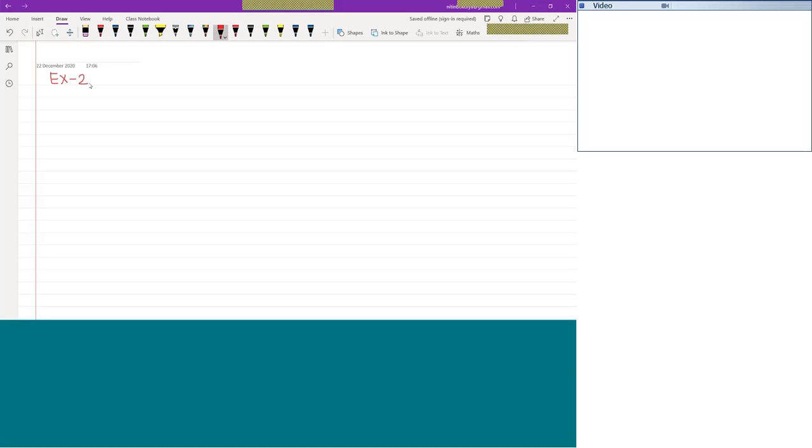Okay. So what is our question? We are having one NMOS transistor, and transistor looks like this.